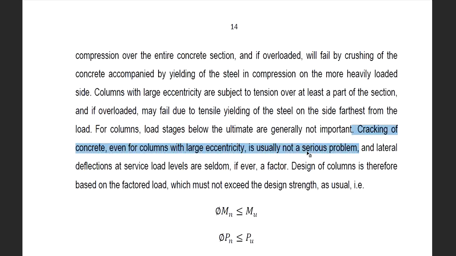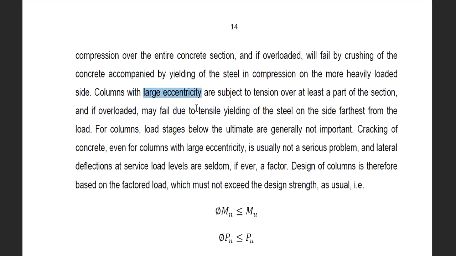So the basic says that whenever there is a large compressive load and very little eccentricity, the column is going to fail by crushing. At that time, yielding of steel doesn't matter. Okay, crushing of a column. And whenever there is a large eccentricity, some part of the column is in tension, and that is going to fail by tensile yielding.